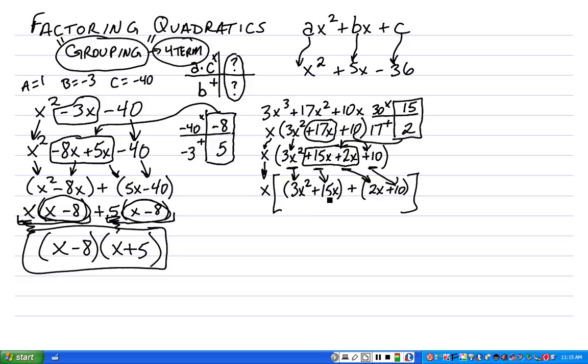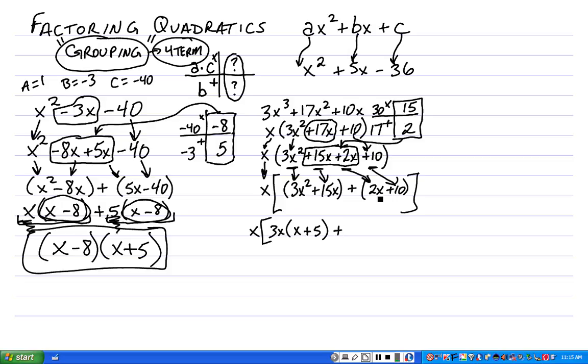So now we want to factor out each grouping. So if I factor this one, I can pull out a 3 and an x. When I pull out a 3 and an x, I'm left with an x plus 5. 3x times x is 3x squared. 3x times 5 is a 15x.